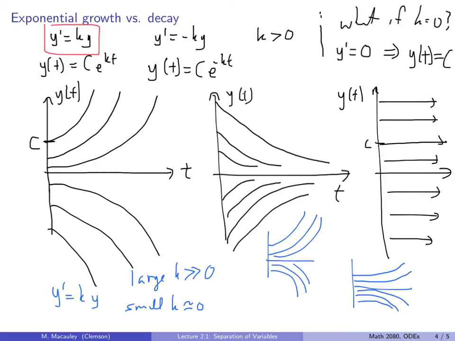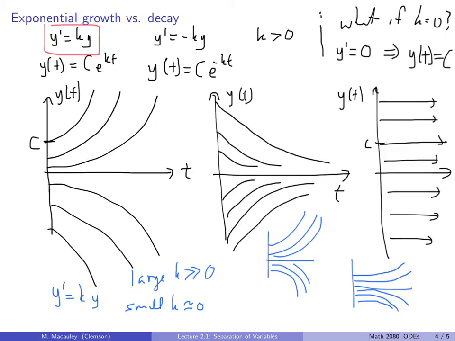So picture taking an equation like this and changing the value of k. Make it large and then make it smaller and smaller. And these curves are going to get flatter and flatter. They're still exponential curves. Say k starts at 5, and then goes down to 1, and then gets smaller and smaller. As it gets closer and closer to 0, these curves look flatter and flatter. And when k finally hits 0, we get this situation.